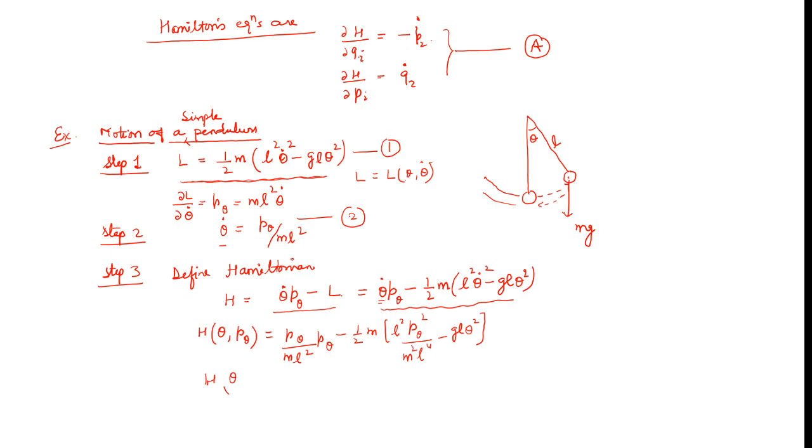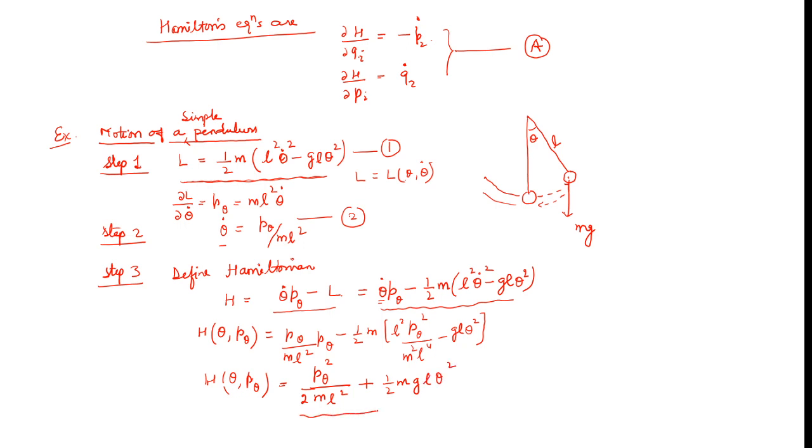H is a function of theta and p theta now, and its value is p theta square upon 2ml square, plus half mgl theta square.